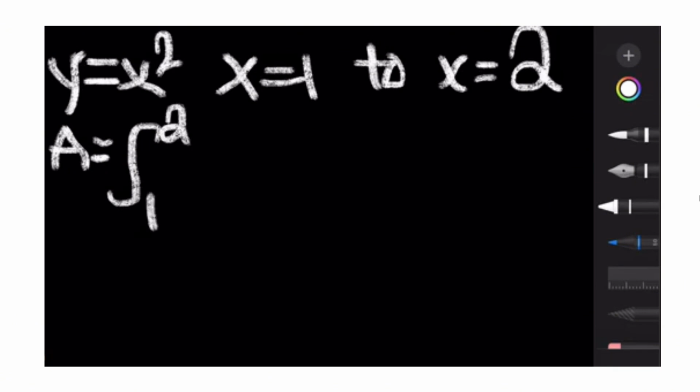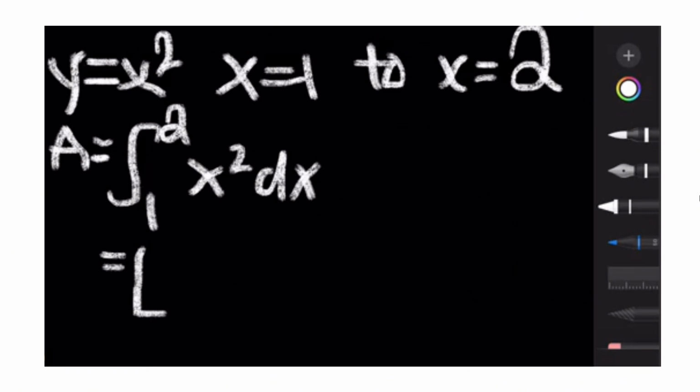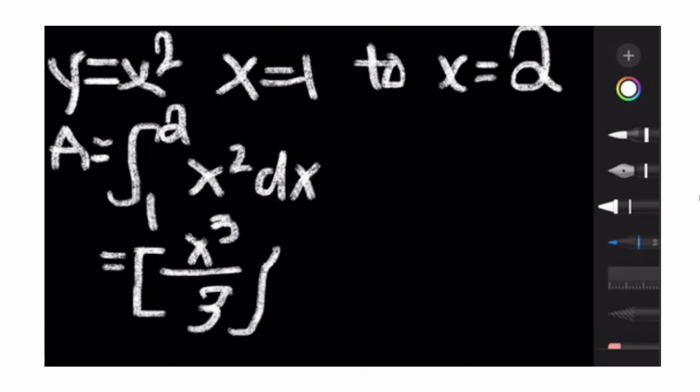So you have 2 here and 1 here. Then we have x squared dx. Then here we'll have x cubed over 3, 2, and 1. So this is our definite integral.